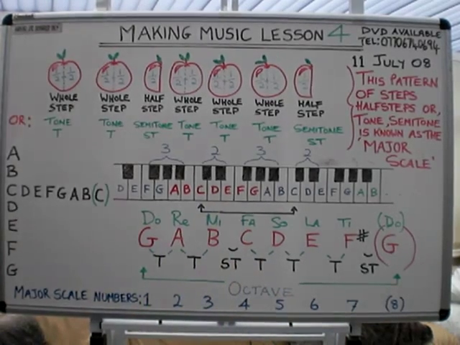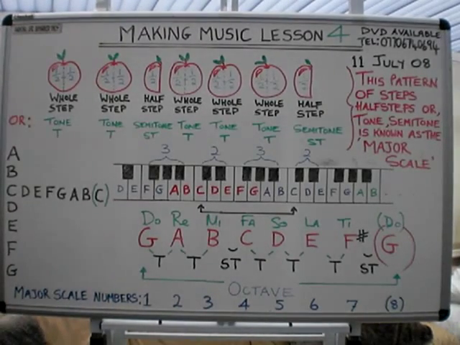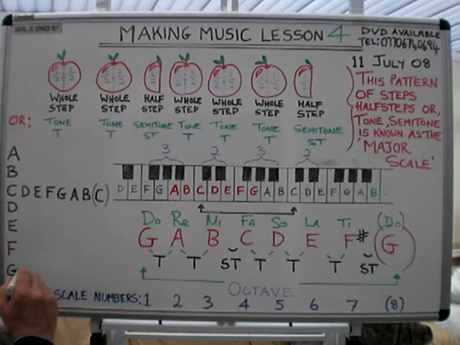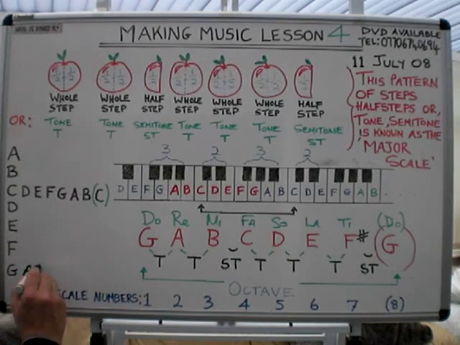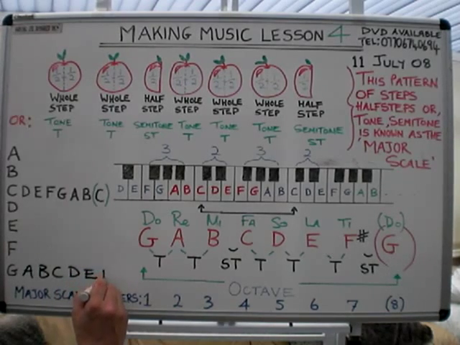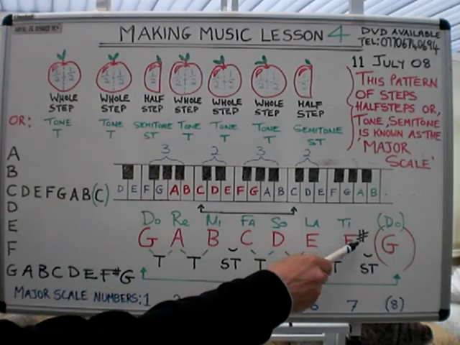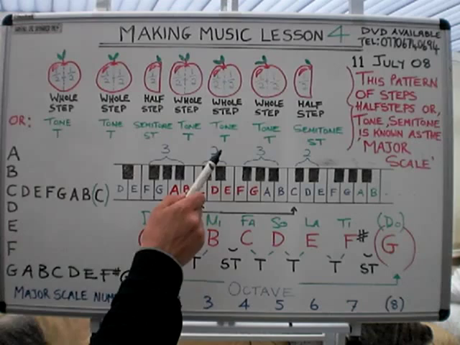So let me just write this one in. G, A, B, C, D, E, F sharp, G, because we've established this F sharp when we landed on the black.